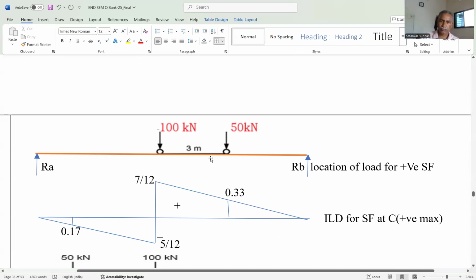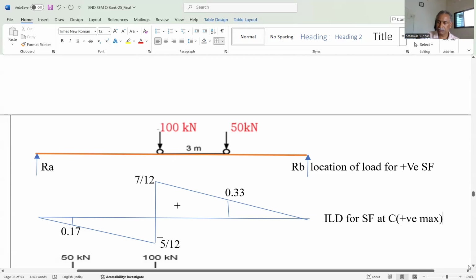Because 100 is the larger load, 100 multiplied by 7 by 12 and 50 multiplied by 0.33 gives the maximum positive shear force.